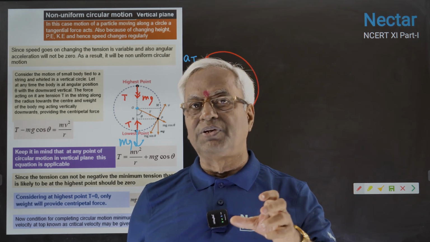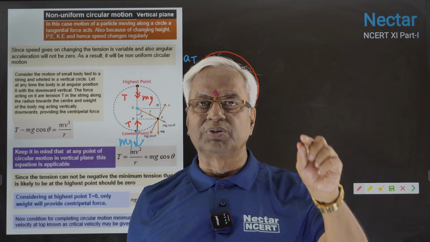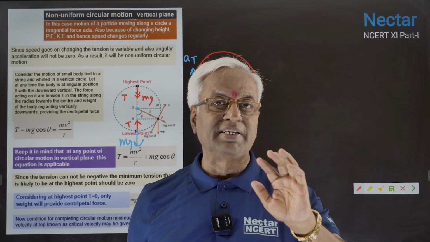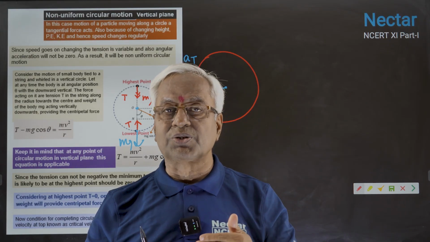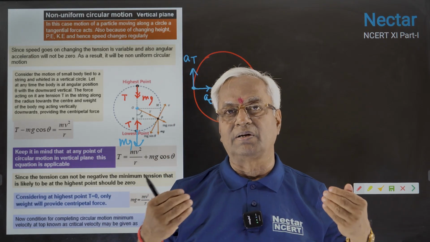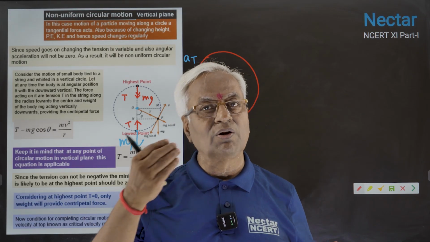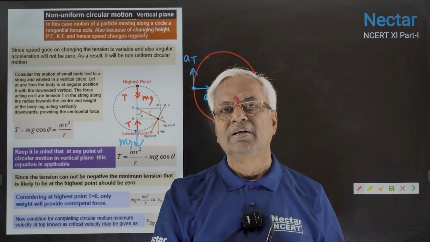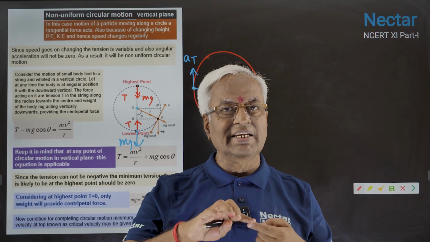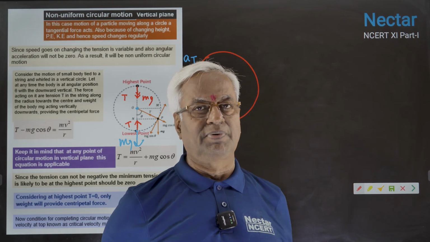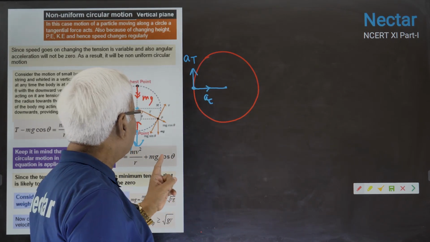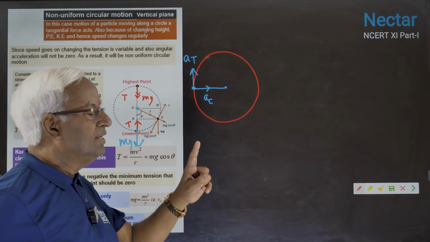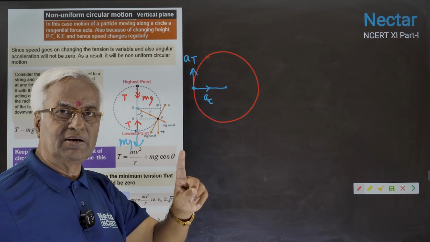Speed changes, different centripetal force mv square upon r will be needed, and to adjust this varying centripetal force, tension will also be variable. So in this motion, T and V both are variable, and we have to take care.